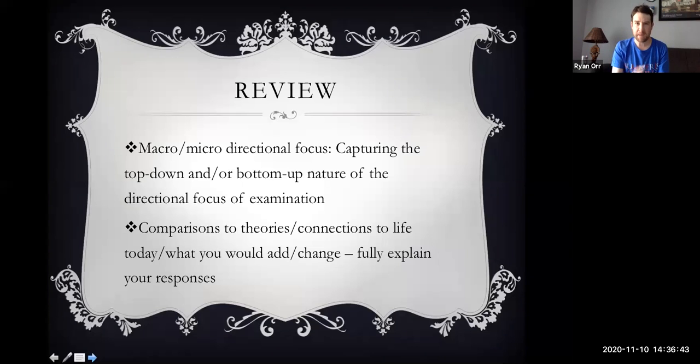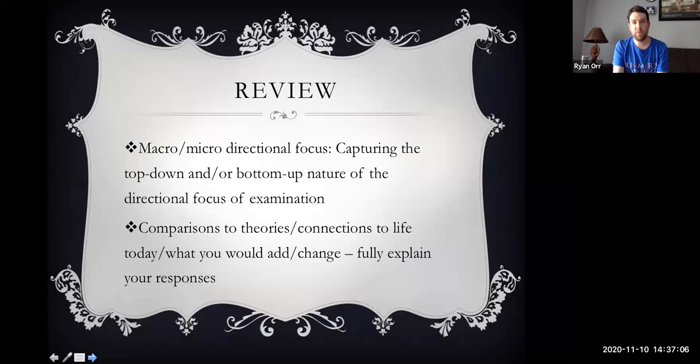So again, capture both sides of the coin, looking at the interplay between the macro and the micro levels that come together in his framework when he's trying to explain the creation of social order. So overall, when it comes to the next part of the paper, students typically do well.